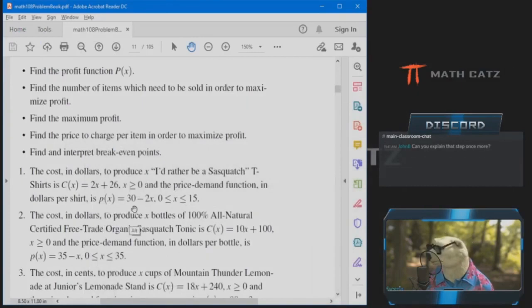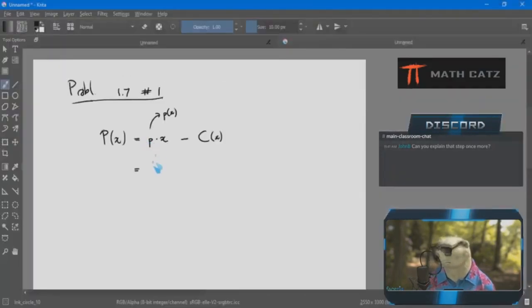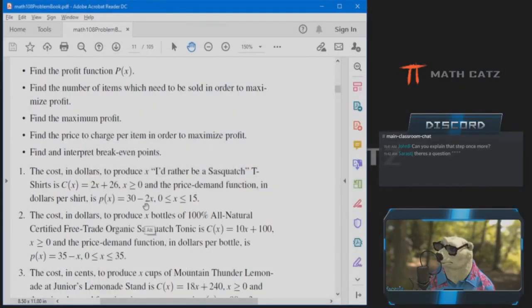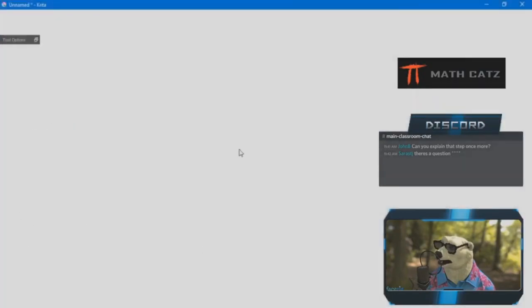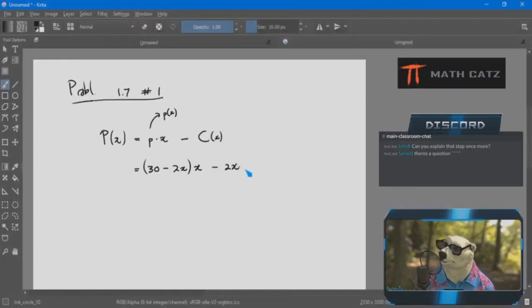Little p is 30 minus 2x, times x, minus the cost, 2x plus 26.